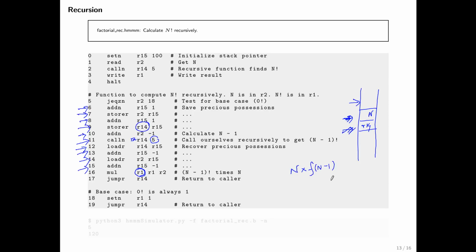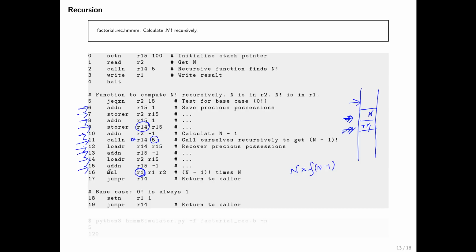Just to recap: when the recursive call returned, we end up here. The first thing that we do is fetch the return address, and then we fetch the next value into R2, which was n.